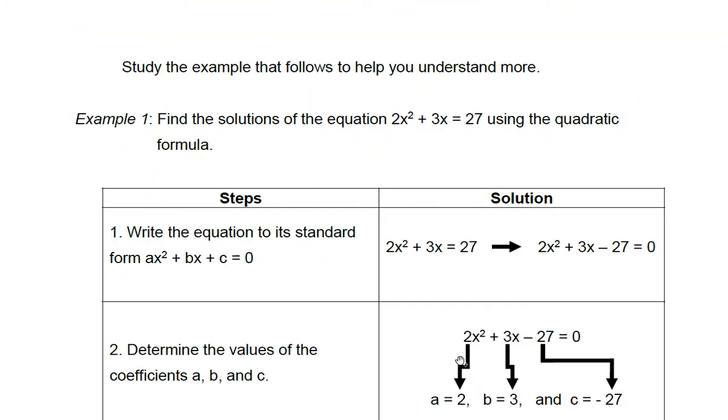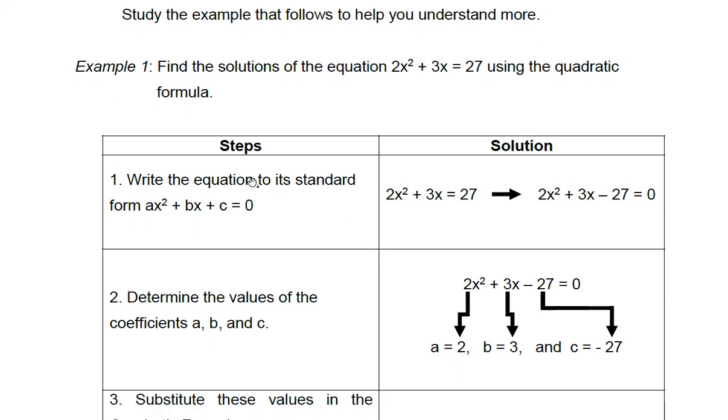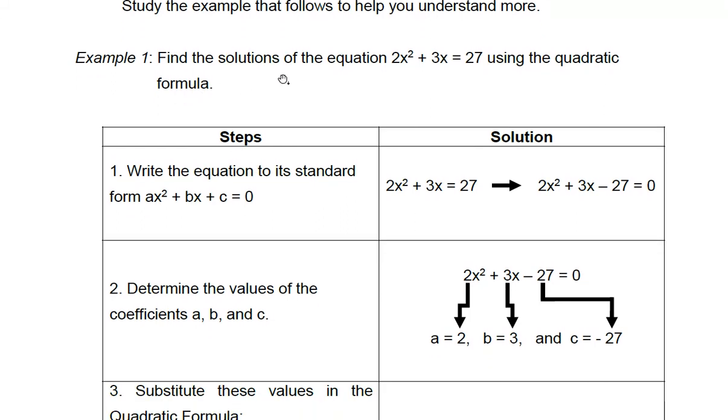So next, example number 1: find the solution of the quadratic equation 2x squared plus 3x equals 27 using the quadratic formula. Our first step is to write the equation in its standard form.